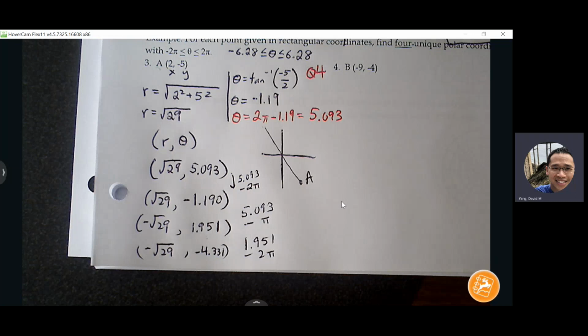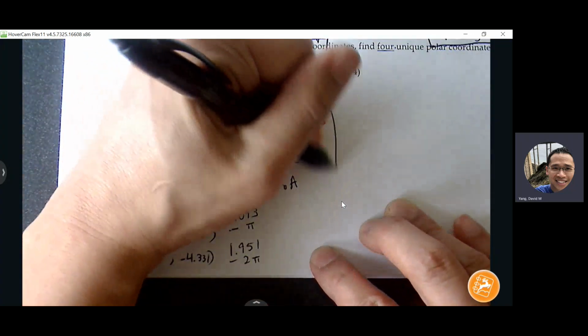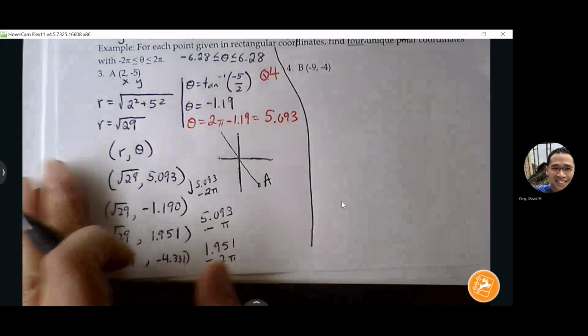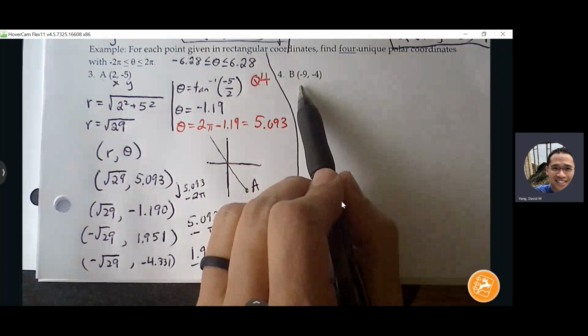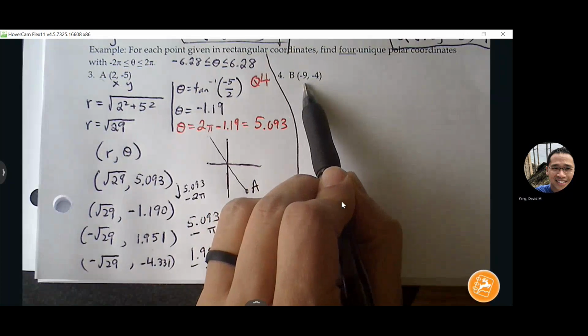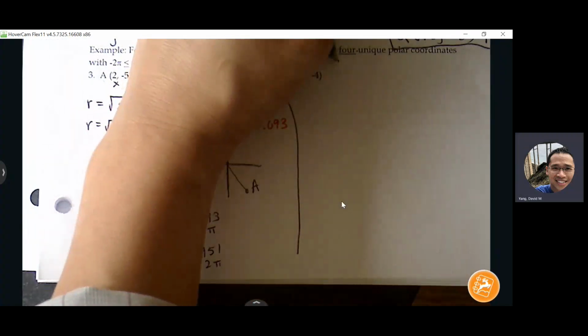Okay, try number 4. I'll work alongside you as you try it. First things first, which quadrant are we going to be in? Quadrant 3. Okay, so let's keep that in mind here.